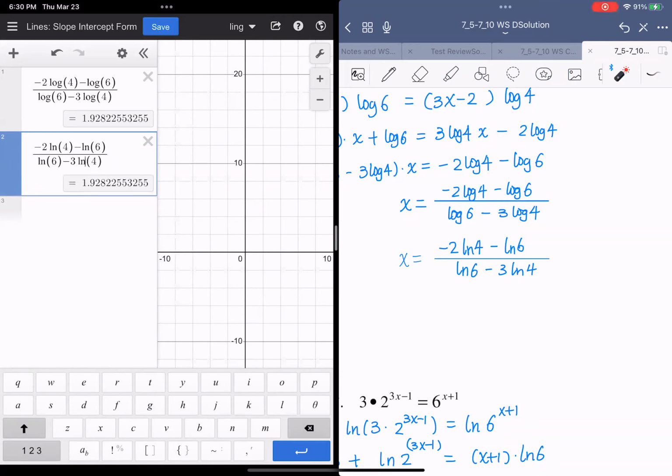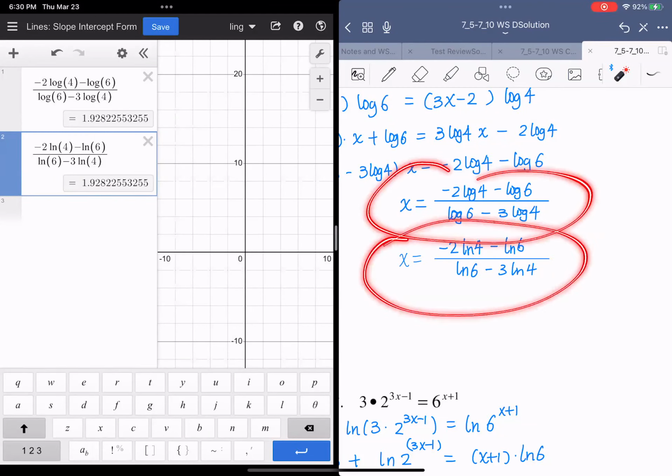As you can see, even though these two look totally different, when you type them into the calculator, the results are identical. These two are exactly the same.